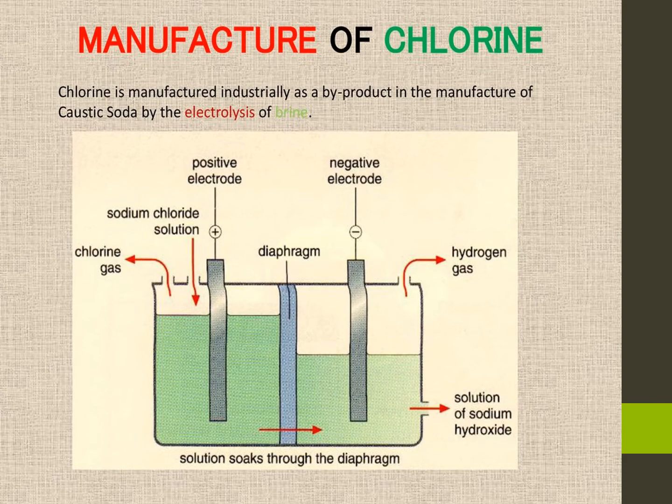It reacts with ammonia; if ammonia is reacted with chlorine we will get nitrogen gas and hydrochloric acid. It also reacts with alkali like sodium hydroxide, and sodium hypochlorite will be formed.